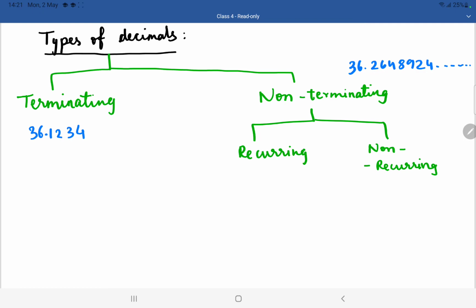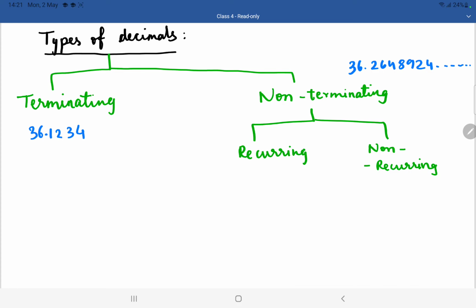They will never end. Terminating decimals means they will stop and have an end to them. Whereas non-terminating means the digits after the decimal point will go on till infinity.